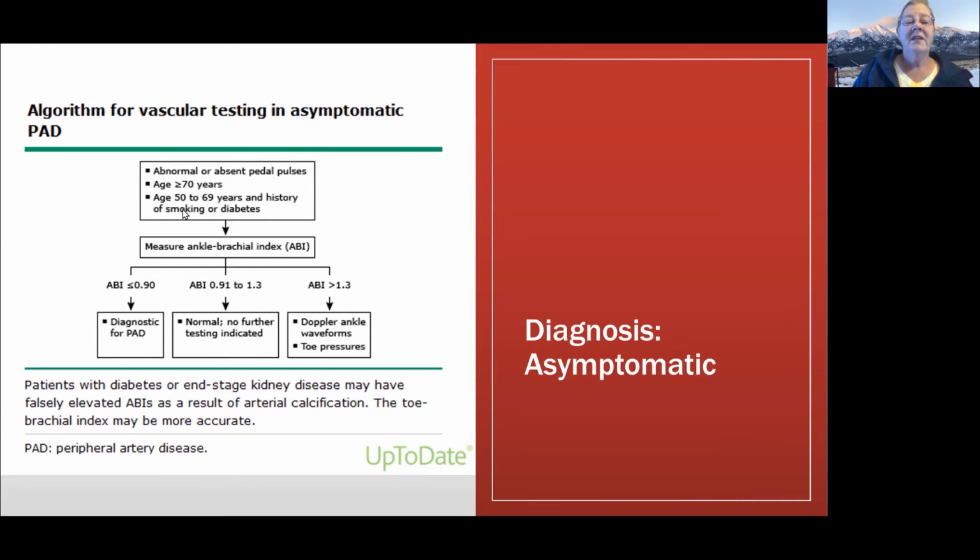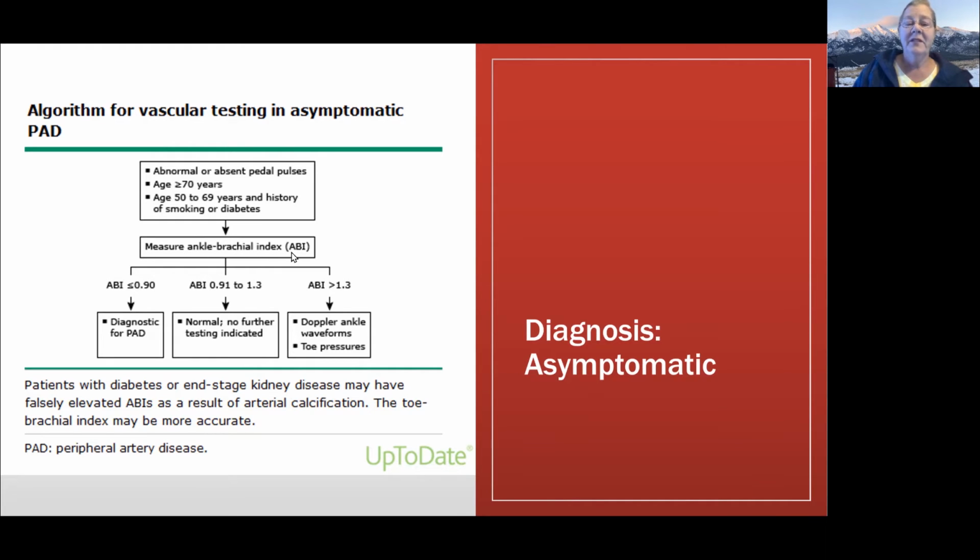Especially over the age of 70, but when they're talking about 50 to 69 years old, they're looking at a history of smoking and/or diabetes. So our patients who are 50, who smoke and are diabetic, have really high risk for issues with peripheral arterial disease. The next thing they want to do is to measure the ankle brachial index.